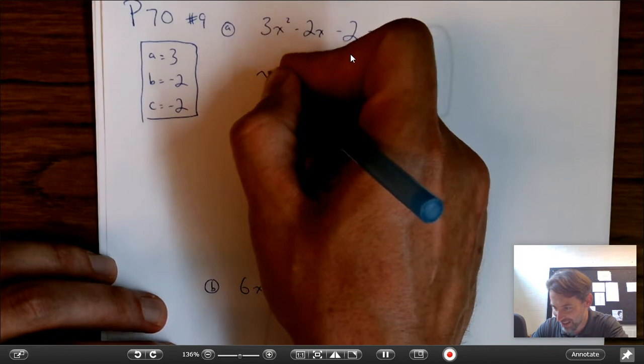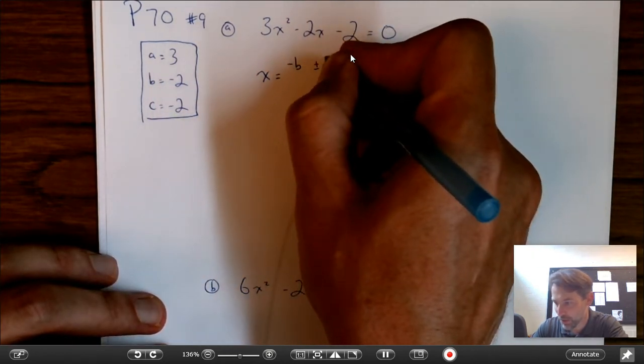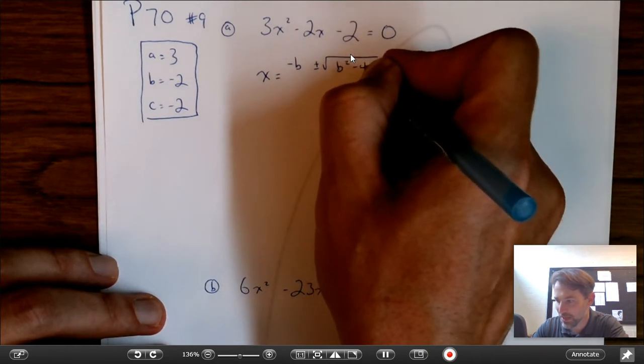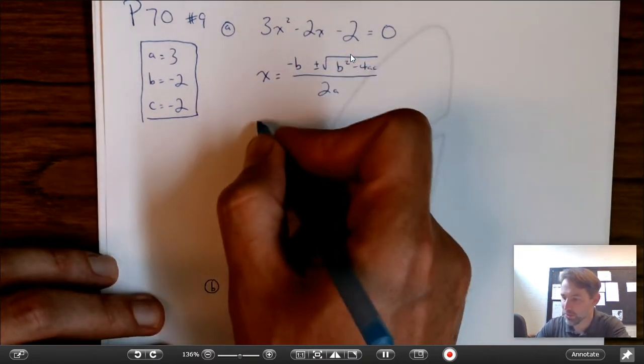Here, x is equal to negative b plus or minus the square root of b squared minus 4ac, all divided by 2a. Sub in your values.